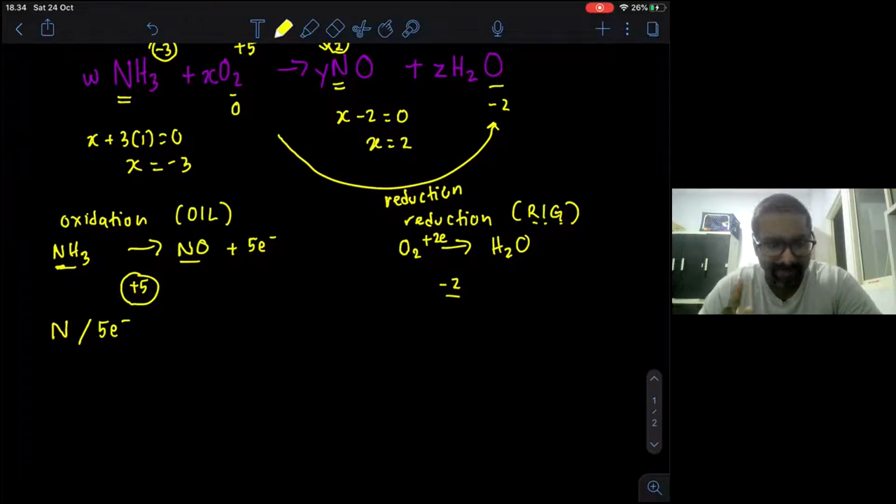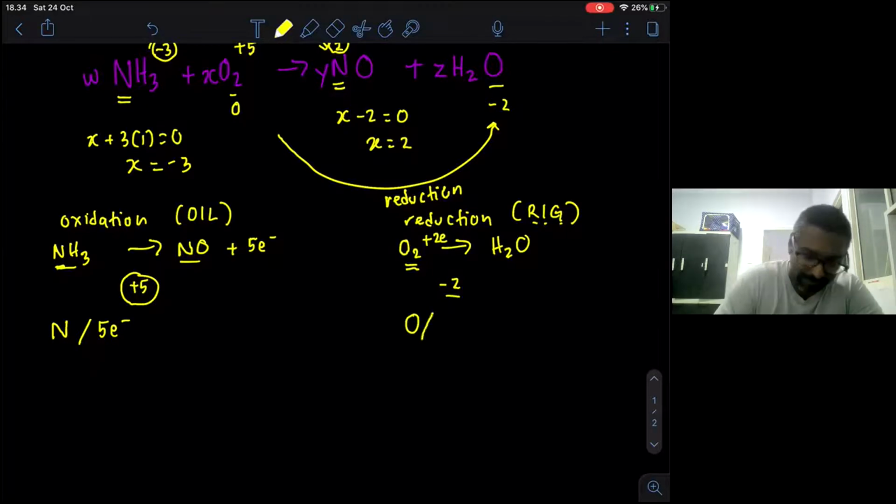Now, please take note, we are not dealing with 1 atom of oxygen. This one is going to be 2 atoms of oxygen. So for every 1 atom of oxygen, you are going to gain 2 electrons.